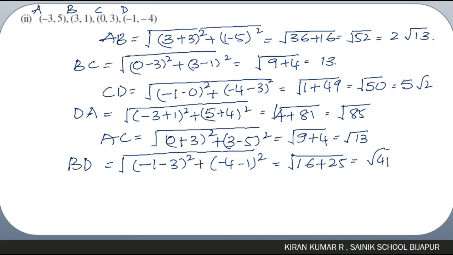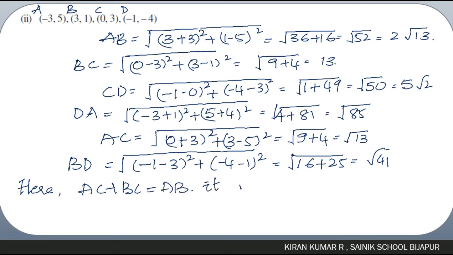Here, observe all the sides. They are all different. Do we get a quadrilateral? No, we won't get it as a quadrilateral. What's the reason? Carefully observe here. The length of AC added to the length of BC, we are getting the length AB.